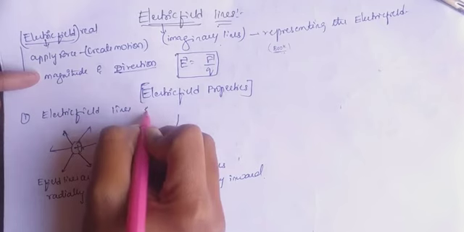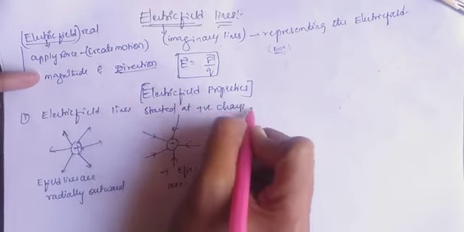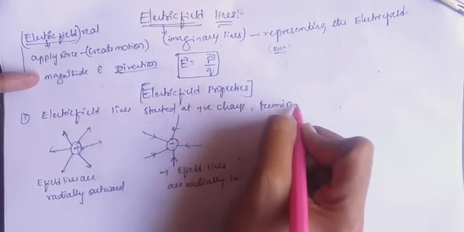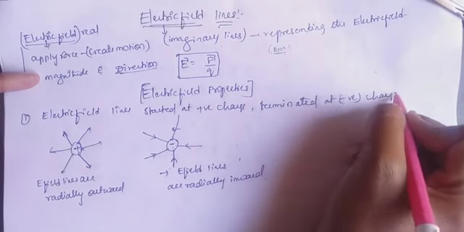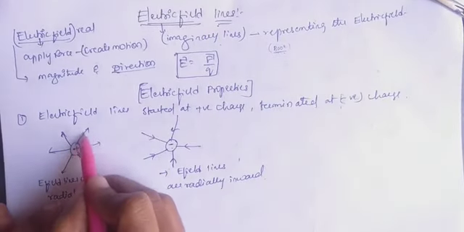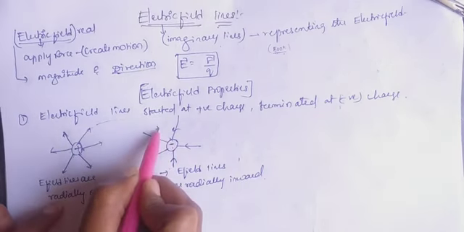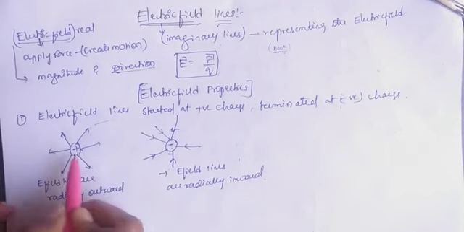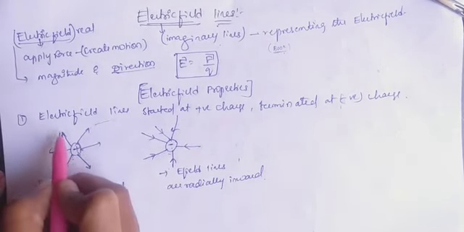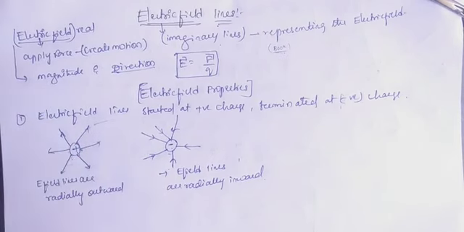That's why at the negative charge the field lines are inward, and at the positive charge the field lines are outward. Now, they do not form any closed loops.